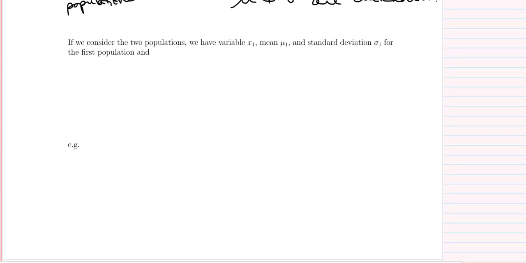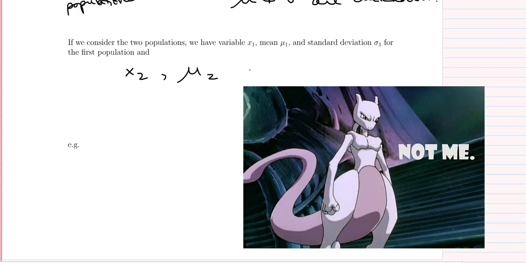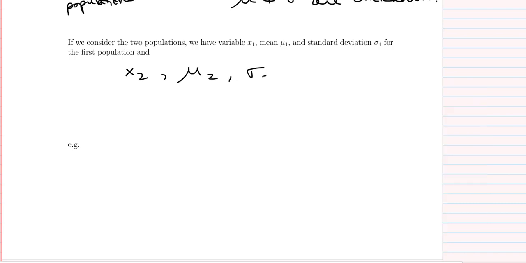If we consider the two populations, we can talk about notation. For population 1, we have x1, mu1, and sigma1. For the second population, we have x2, which is the variable, it should be the same variable, mu2, and sigma2.